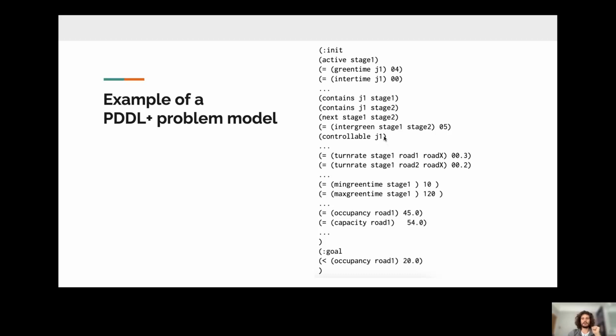If the junction is controllable, then you can specify the legal traffic movements between links that are connected to the junction, and the expected amount of traffic moving around during the period that we are simulating. And of course, the green times, capacities, the length of the road, the number of lanes, and these sorts of things, and the current occupancy of the road. So this is all the information that you need for fully describing the initial status of a network. And then, of course, you can specify a goal.